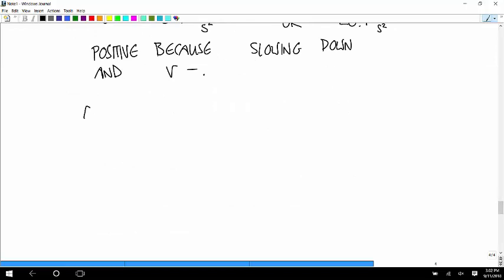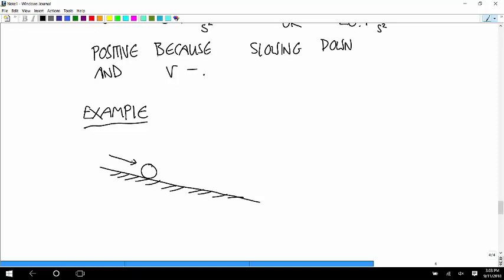Okay, let's do another one. So let's say there's a ball rolling down a ramp. And when it gets to the point A, so at the point A, the speed of the ball, let's say it's going 2 meters per second.